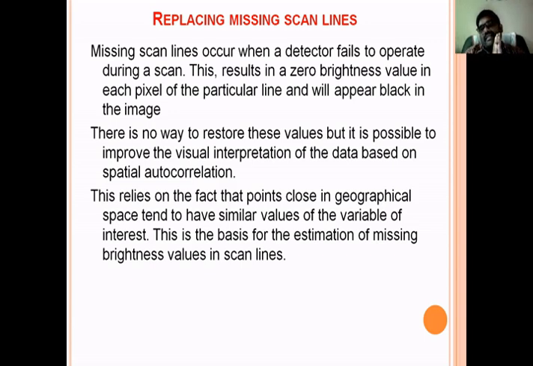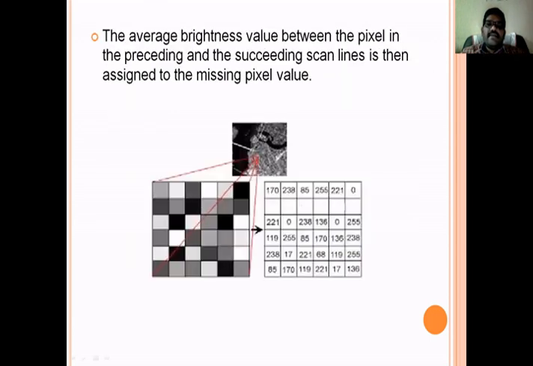Once again, in most cases, the objects on the earth at a close point of view hold similar characteristics. That means most of the objects at a close point may hold similar features.